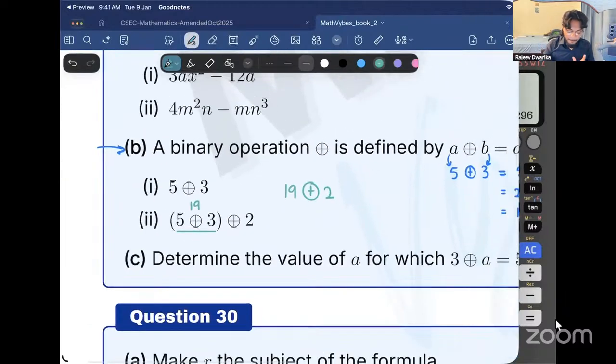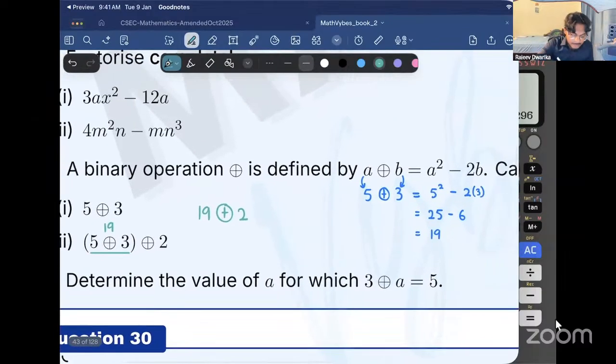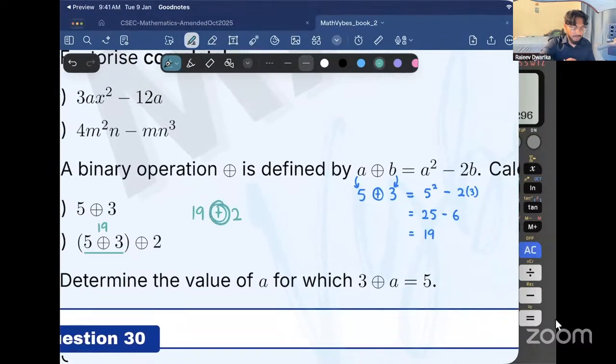So you see this operator in the middle, the plus circle. Remind me, what does our operator do? What's the operation for that? A plus circle B. If you see something with the plus circle, what does that mean?